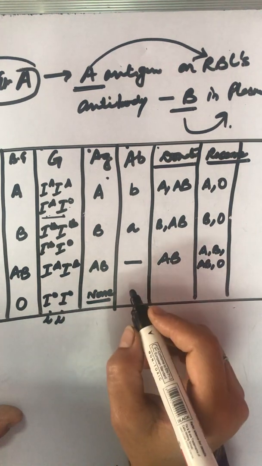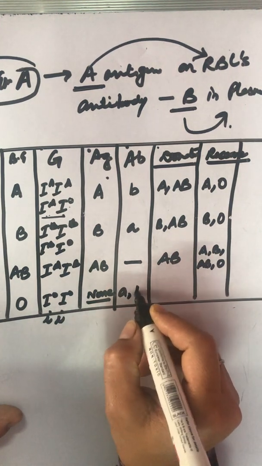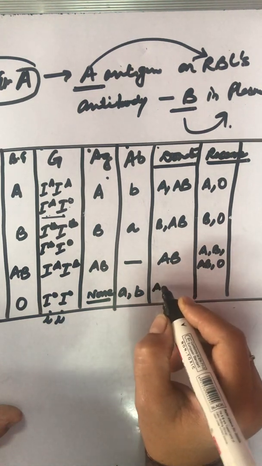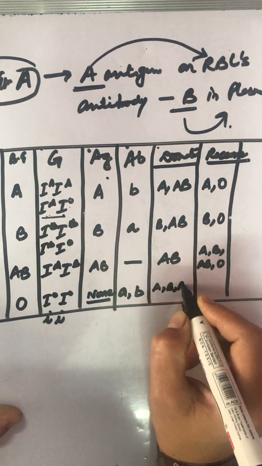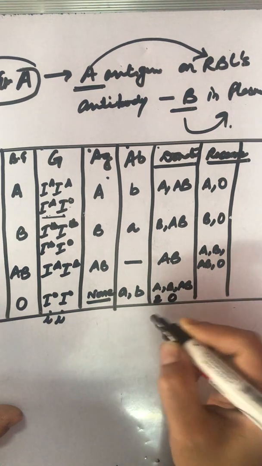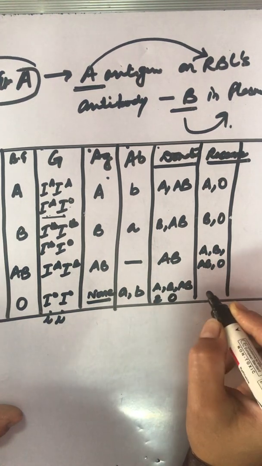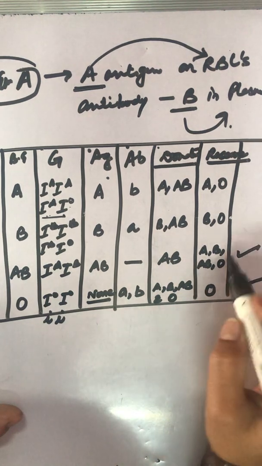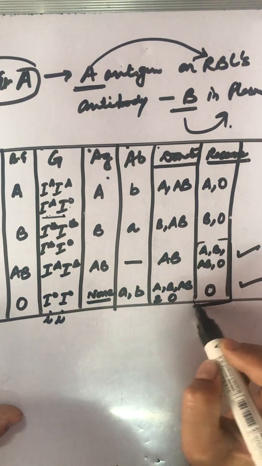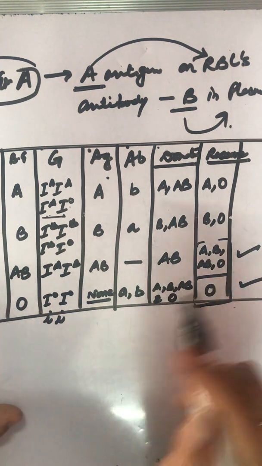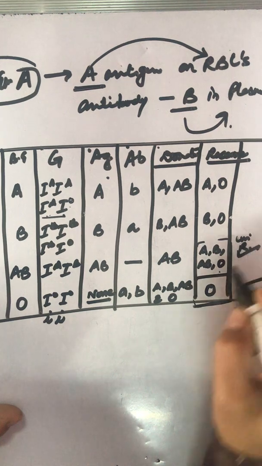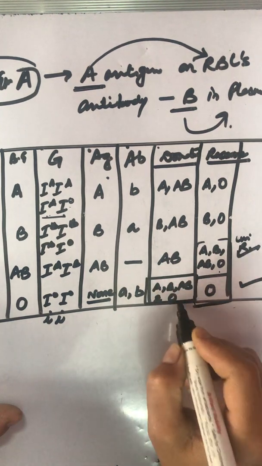No. Antibodies, yes, both A and B. And can donate to all, A, B, AB and O. If it has to receive, then it can only receive from O. This one and these two are exceptional cases, right? What is this? Universal recipient, and this one universal donor.